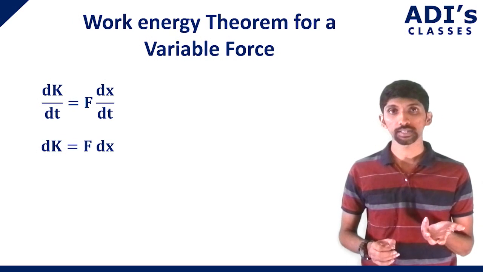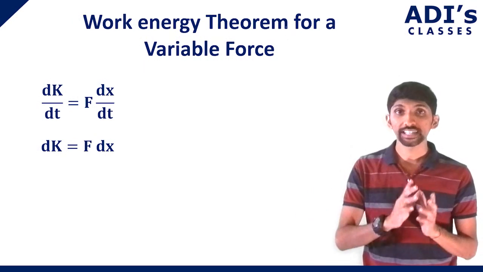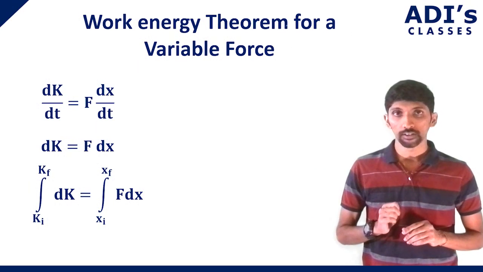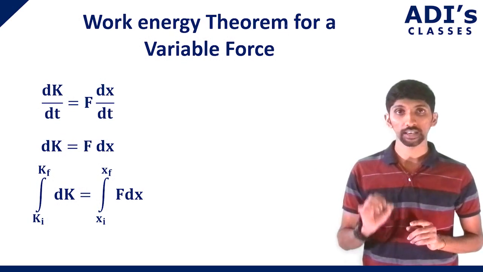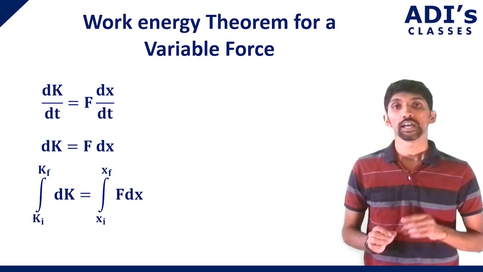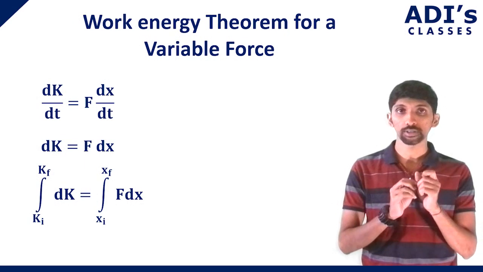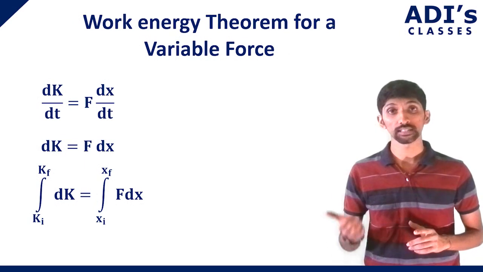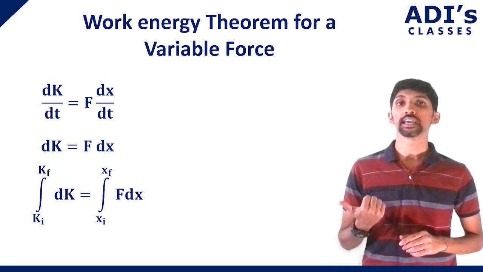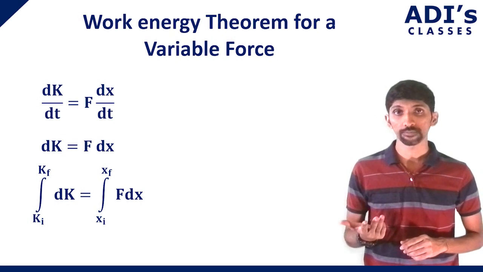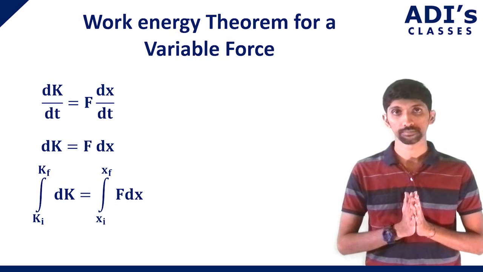x is what? Displacement. So when we integrate this, integration of dK from Ki to Kf is equal to F into the integral of dx from xi to xf. Now Ki is the initial kinetic energy, Kf is the final kinetic energy, and xi and xf are the initial and final displacement.